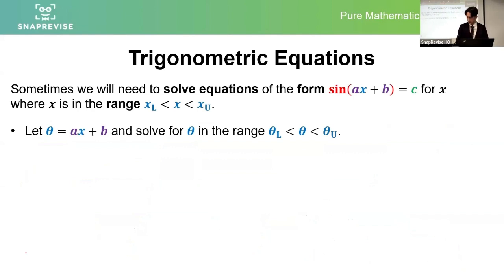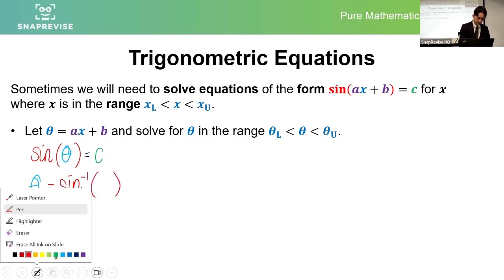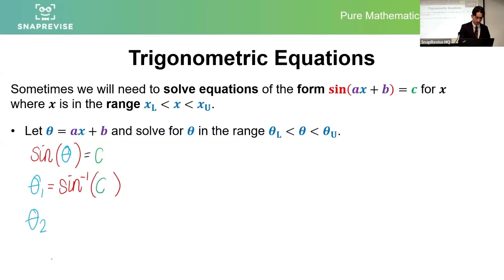So again, I'll color code this for you. If sine theta equals C, then the first value, theta 1, the principal value, is going to come out as inverse sine of C. And then theta 2 will just be 180 minus theta 1.